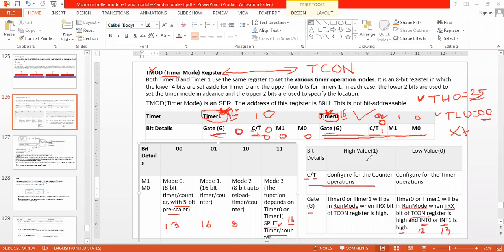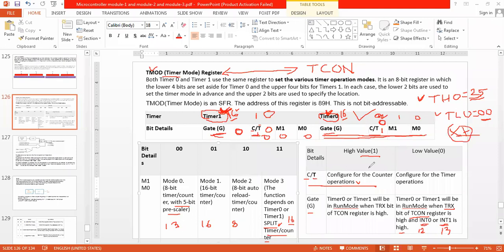Whenever C/T bar is equal to 1, it is configured for counter operation. Counter operation is using the external clock frequency. So whenever this is 1, timer 0 and timer 1 are going to be incremented depending upon the external clock frequency.